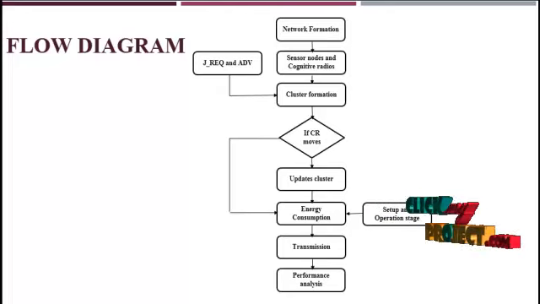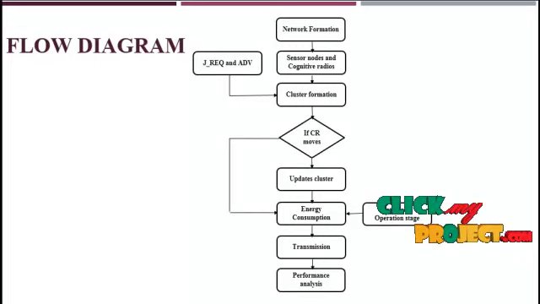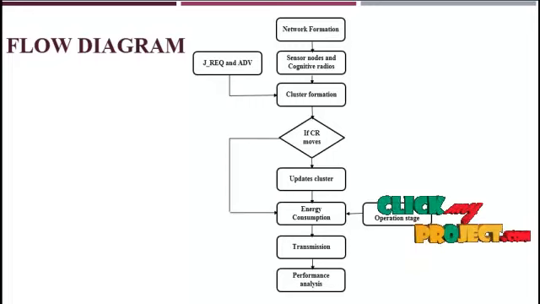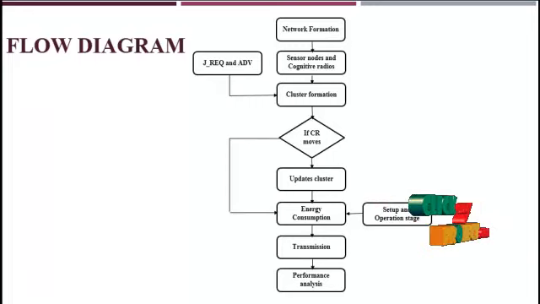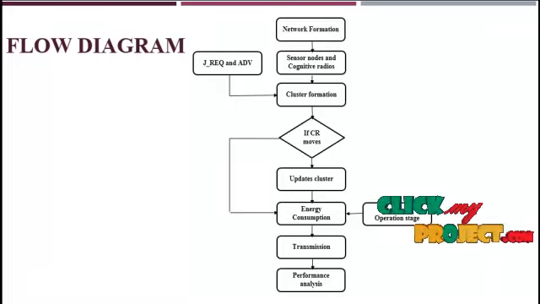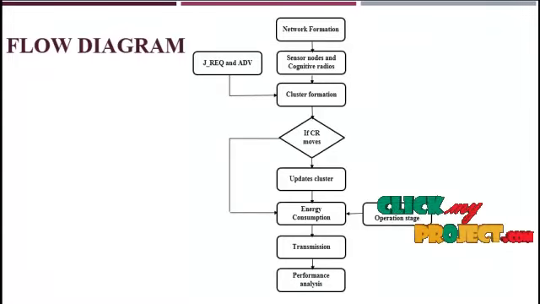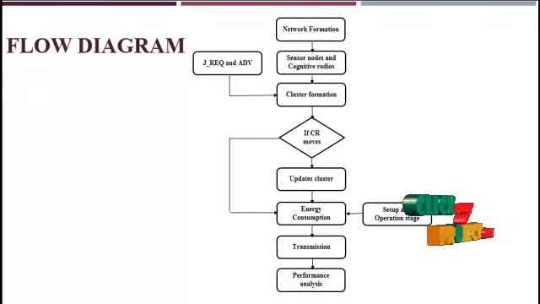First, we have to set the sensor nodes, the cognitive radio network and cognitive radio nodes. From that network, we have to form the cluster. If the CR moves, it will update the cluster. Meanwhile, we have to identify the energy using the 4 parameters: transmission power, reception power, idle power, and sense power.